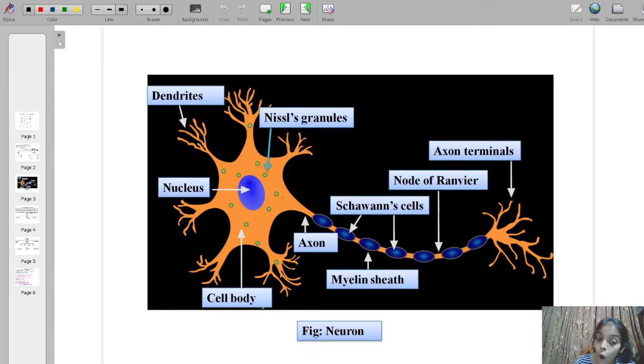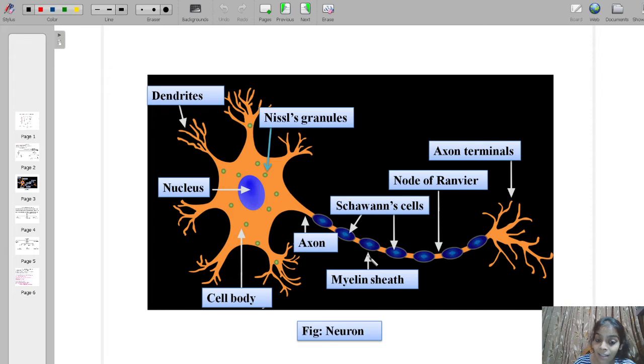Now, from cyton, axon arises. The region from where axon arises is called axon hillock, as if it's like a small hill from where axon is originating. So we may consider this part to be axon hillock, from where axon arises.